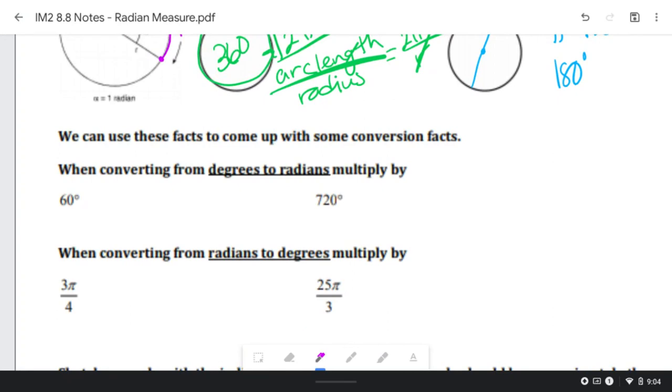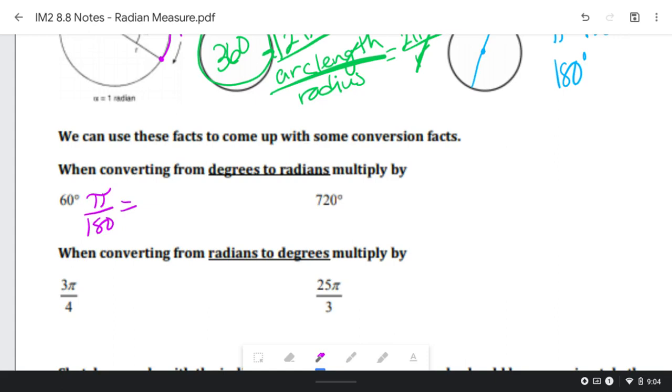But I think when you convert your radians to degrees, you can understand better what that means in terms of the full circle. So the first part, we're going to take our degrees and turn them into radians so you can see what that looks like. So 60 degrees, what you do is you multiply times pi over 180, and you're really just multiplying by 1 because they're the same thing.